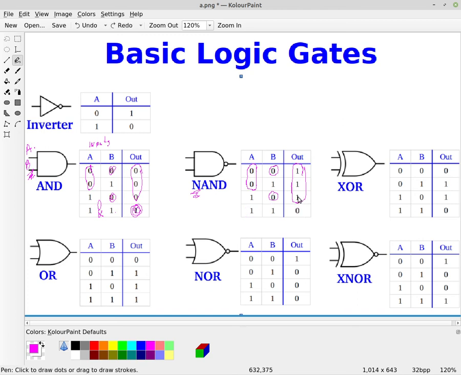Now you might say, well, why do we even care? Well, it turns out that when you try to build this out of a bunch of transistors, the NAND gate is the simplest gate that you can build. All right, and so it takes the fewest amount of transistors in a NAND gate. And so it's very, very easy to build a NAND gate.